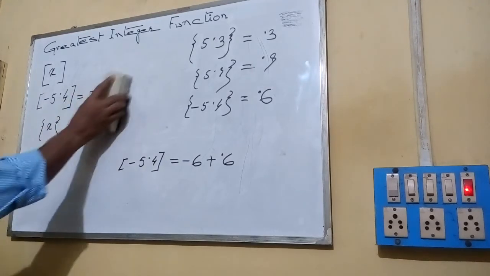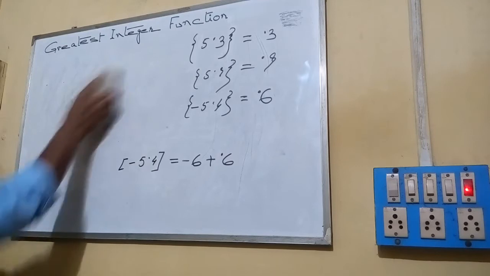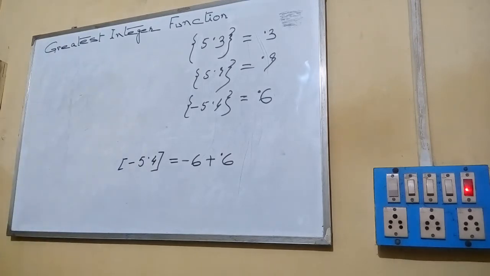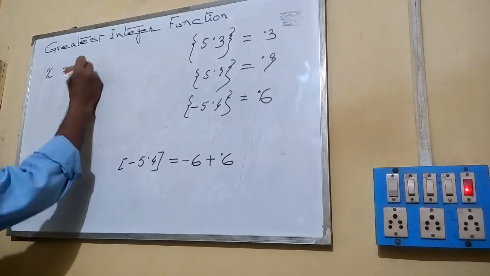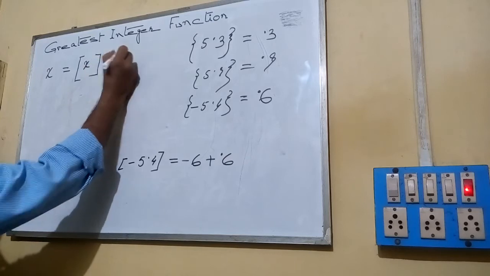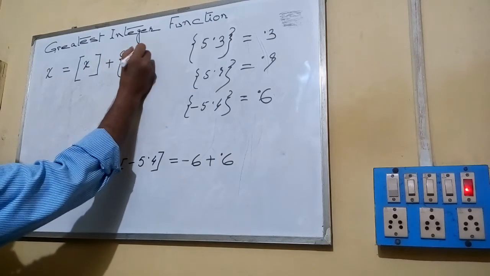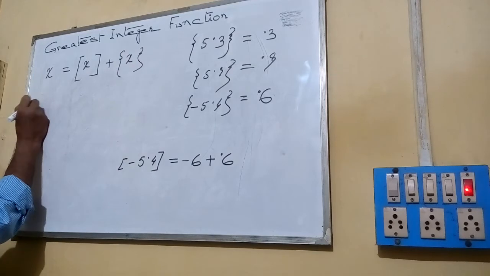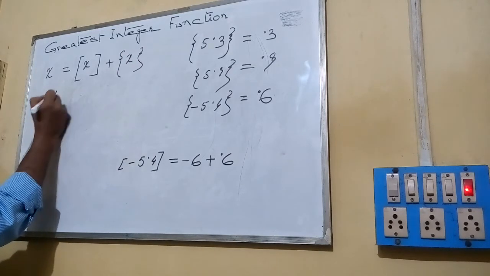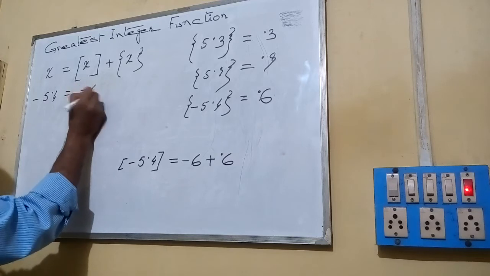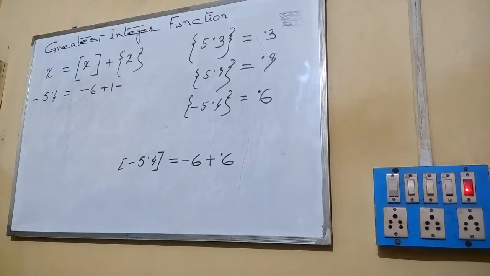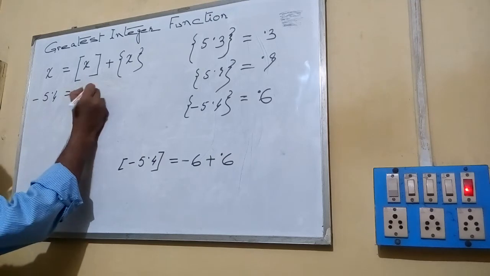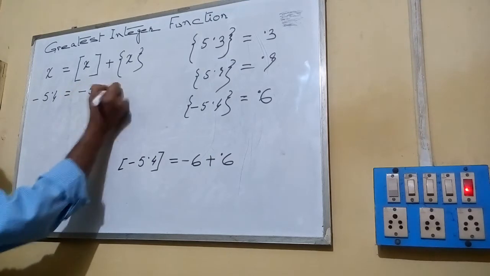So in general what we can say is that any number x is equal to the integral part of x plus the decimal part of x. As we have seen in this case, minus 5.4 we can write, in a different style, to make it easy to understand, as minus 5 minus 0.4.